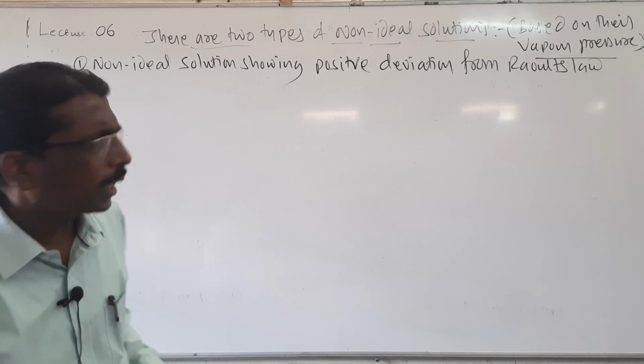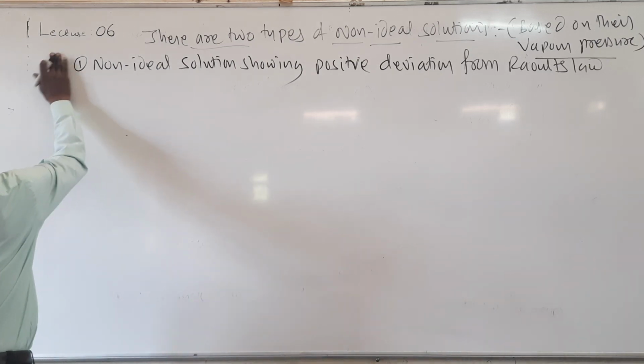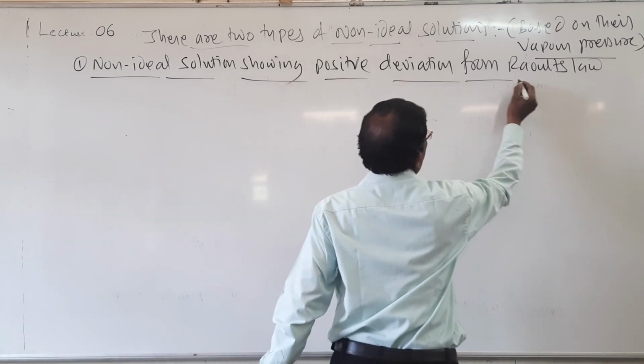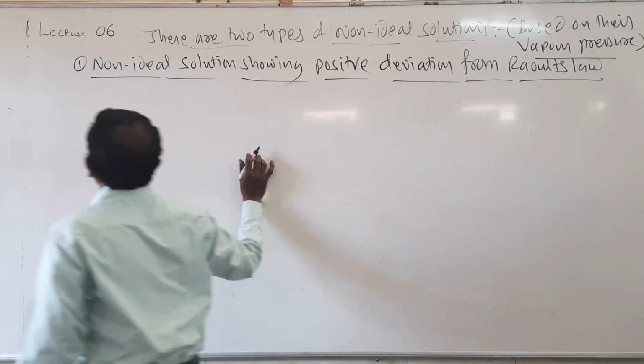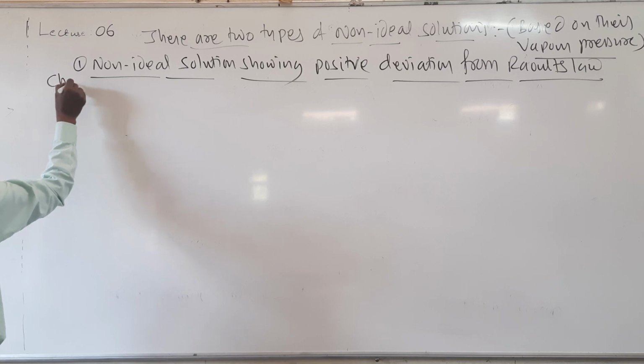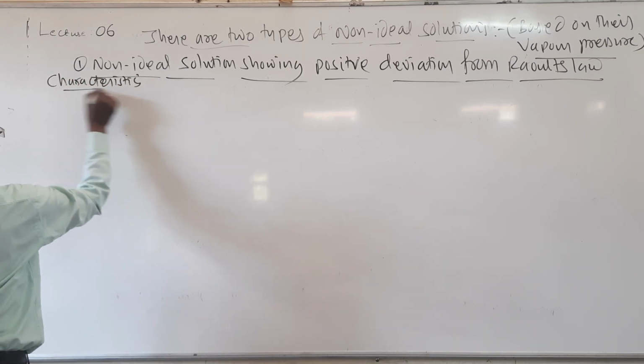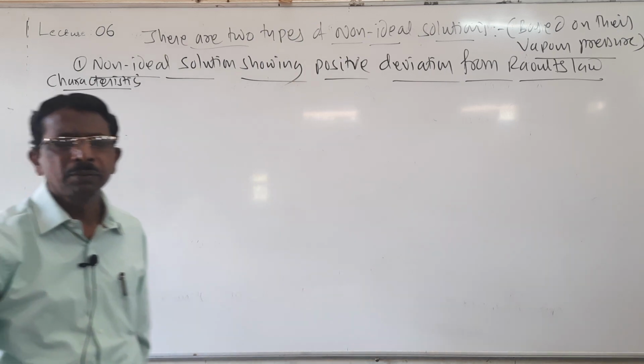Then, what are the characteristics? Look here, non-ideal solutions showing positive deviation from Raoult's law. These are also called characteristic properties. What are the characteristics here?